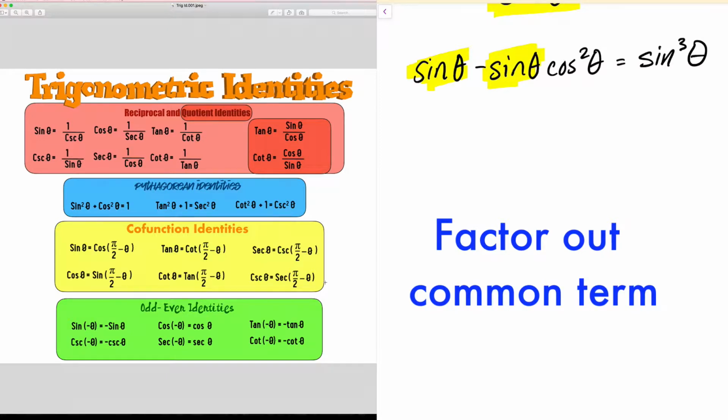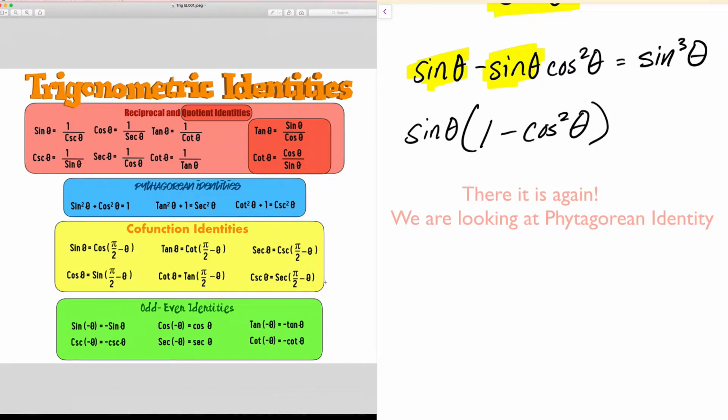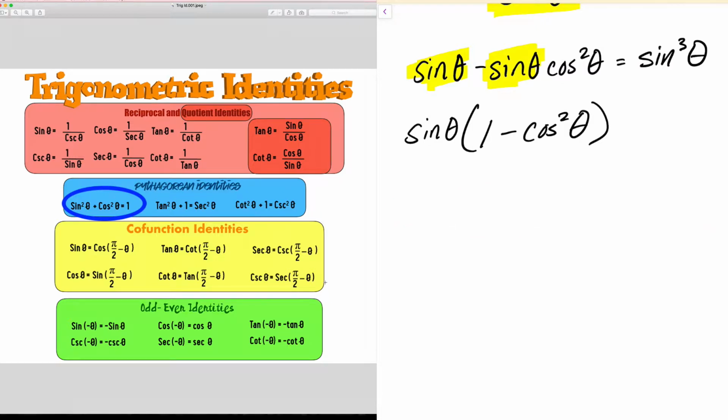So I can factor sine theta out. Sine theta times 1 minus cosine squared theta. And there again I have a something squared with a 1, a 1 minus cosine squared theta. So that's one of my Pythagorean identities.